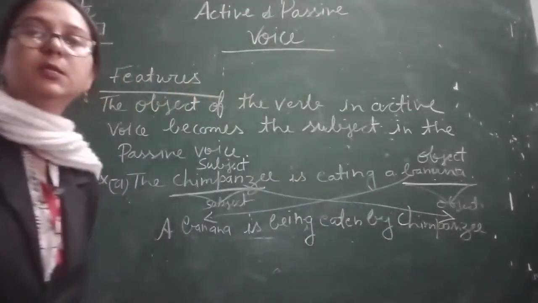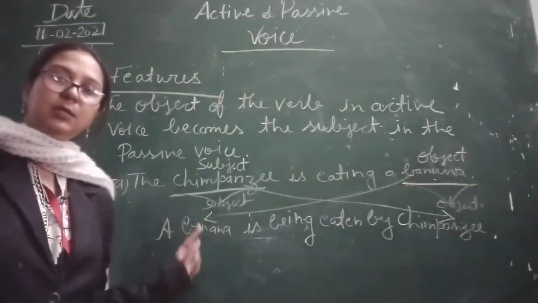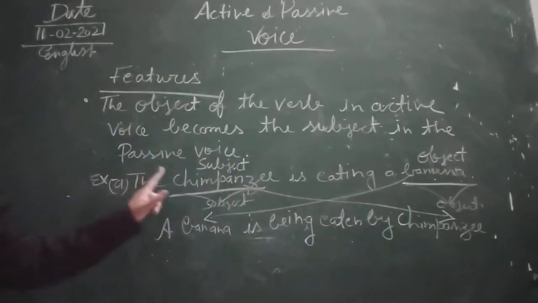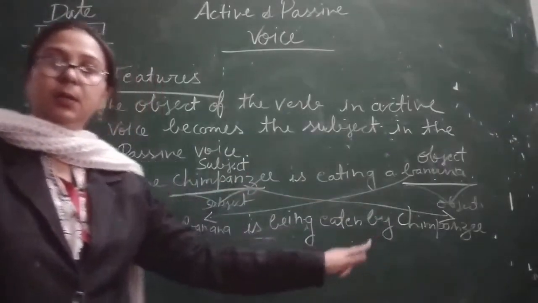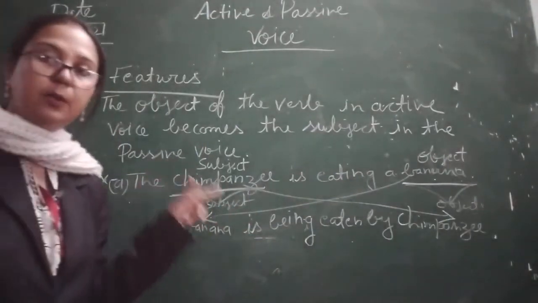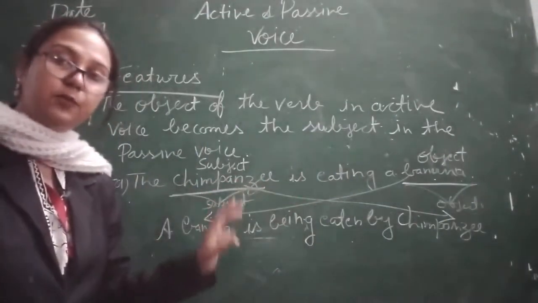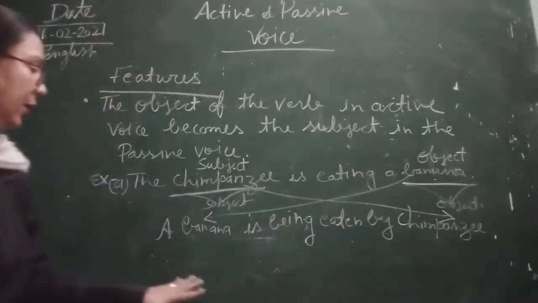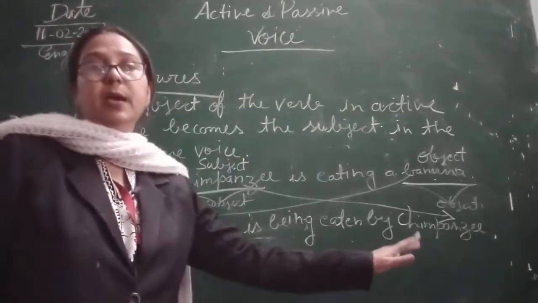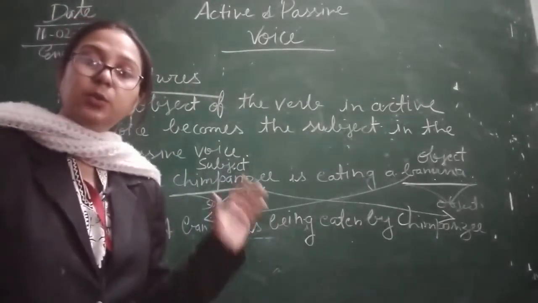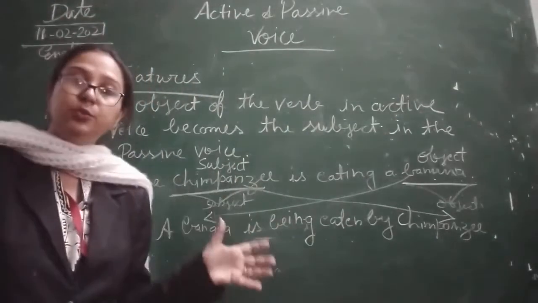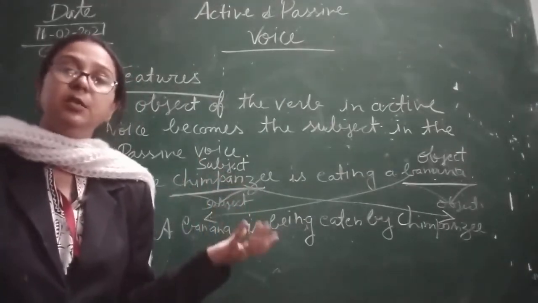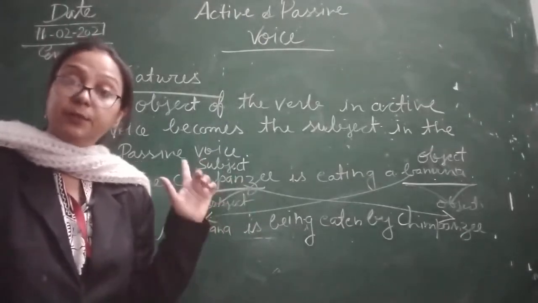Okay children, this is so simple. We are using the zigzag formula. The object becomes the subject over here and the subject becomes the object. Here you can see the formula we are using for making active to passive voice. This is active voice and this is passive voice children. Now here a banana is being eaten by chimpanzee. Okay. So this is the way we will make active to passive voice. Now this is the first feature.